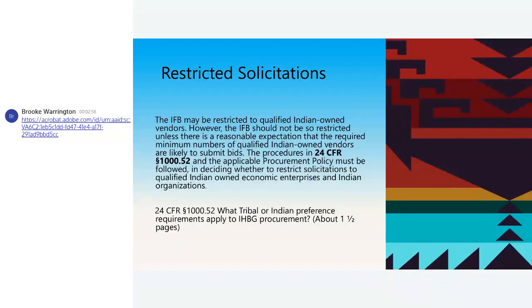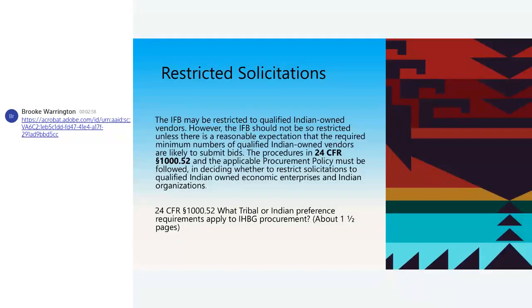Restricted solicitations. Your IFB can be restricted to qualified Indian-owned vendors. It should not be so restrictive unless you have a reasonable expectation that the required minimum number of qualified Indian-owned vendors are likely to submit bids. Okay, that's iffy business, doing a restricted solicitation, because if you don't get enough, you've got to go out and bid the whole thing again anyway.